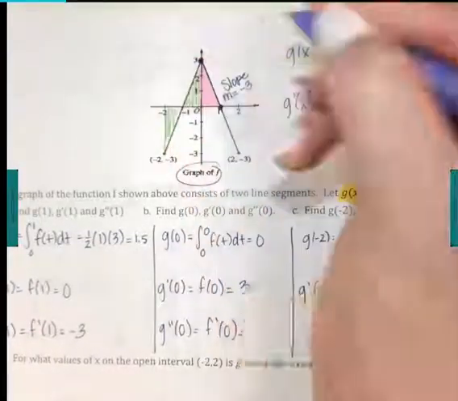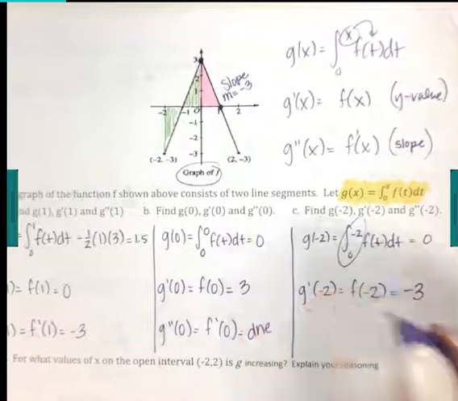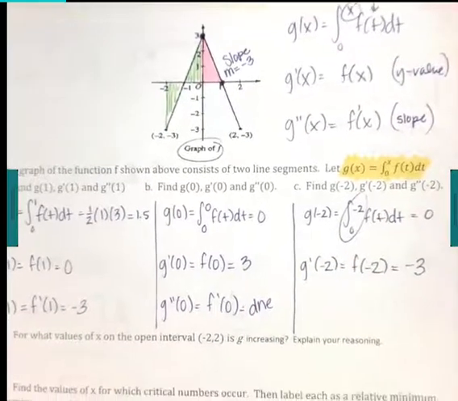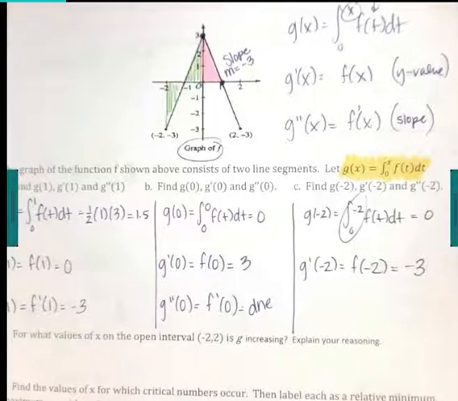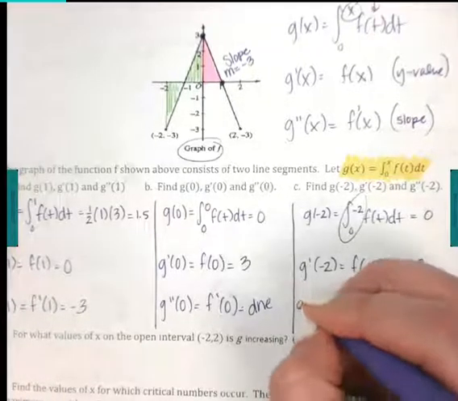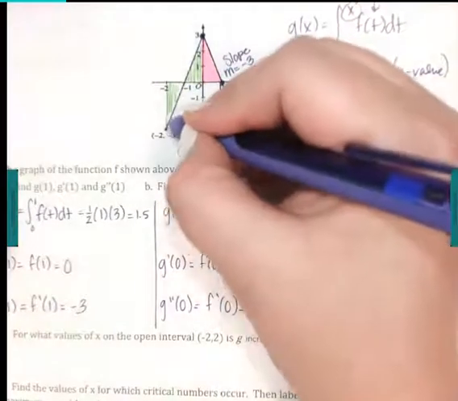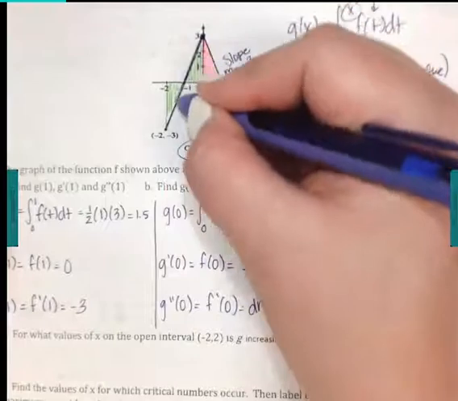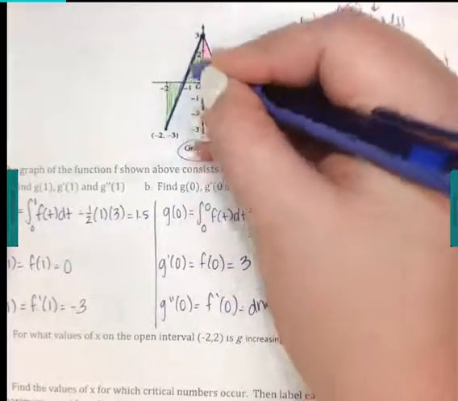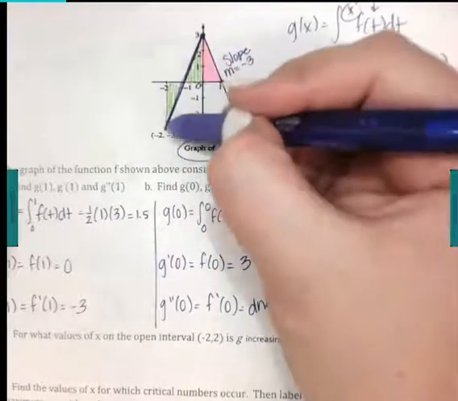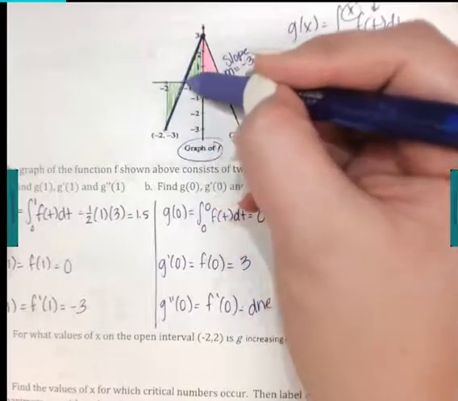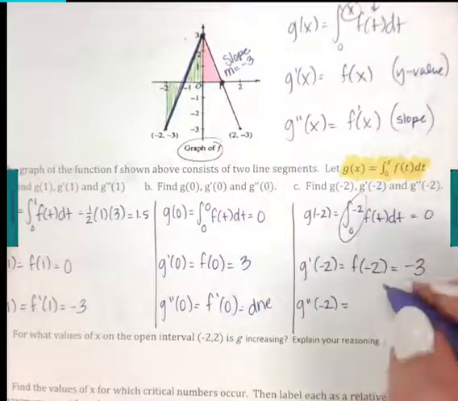No. DNE. Okay? So it's DNE because remember, you cannot take the slope at a corner. Okay? Alright, then next one, I want g double prime at -2. That'd be the slope at -2, which is this line segment. What's the slope of that line segment? Well, no, count rise over run. Up 3 over 1. Up 3 over 1. What's the slope? 3.